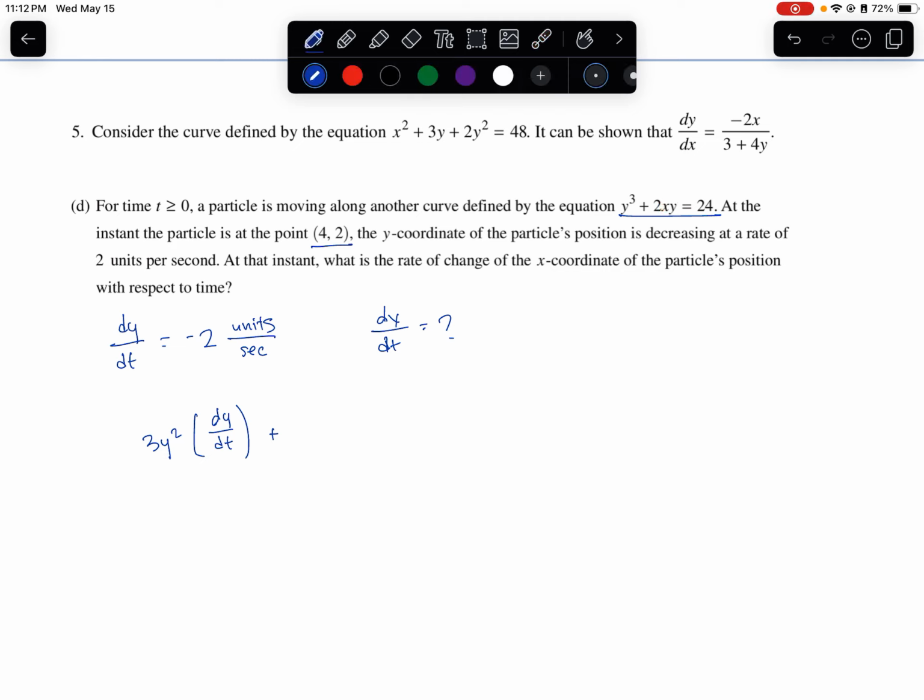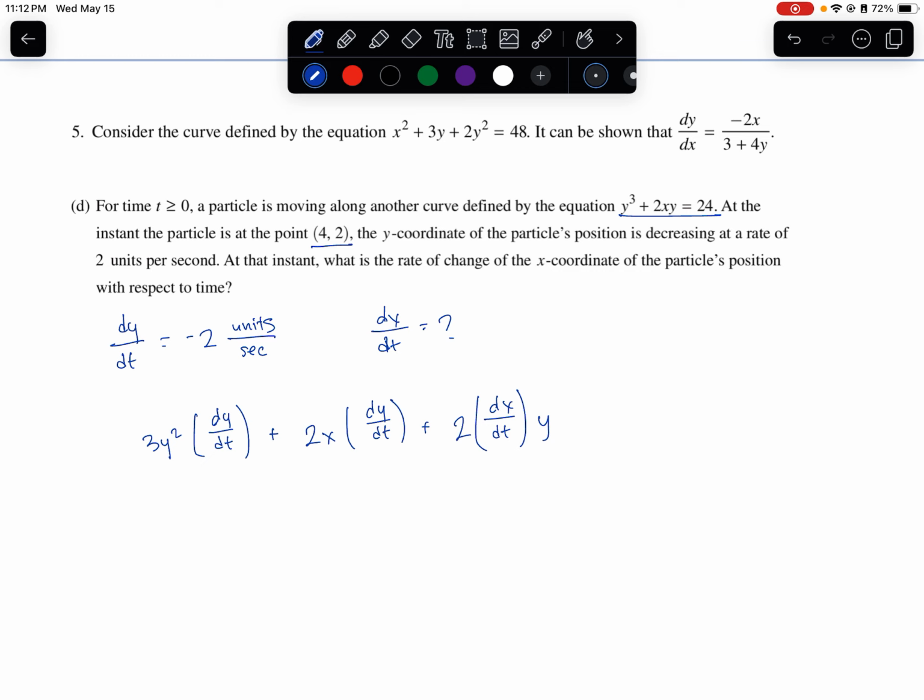So we do the first times the derivative of the second, which is dy/dt, plus the derivative of the first, which is 2 dx/dt, times the second.